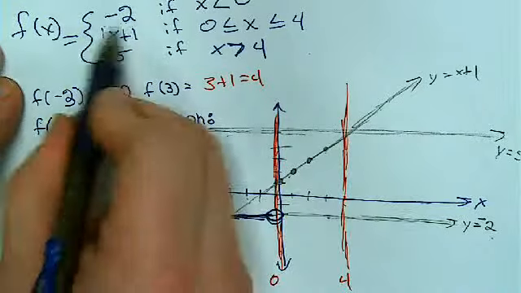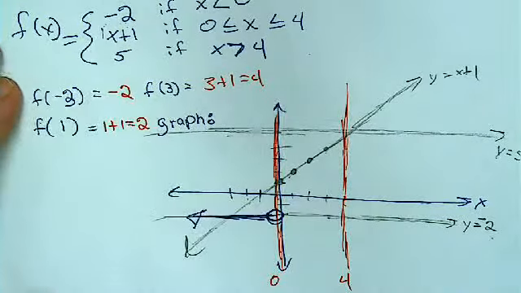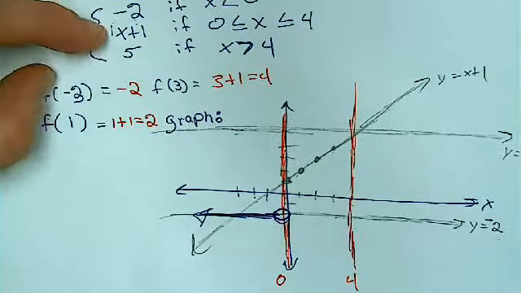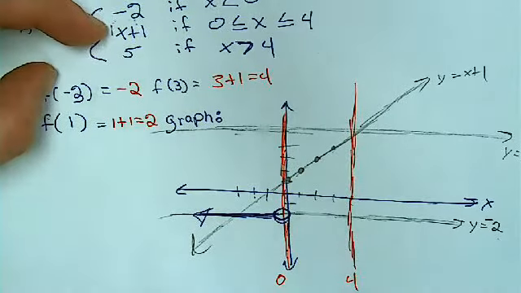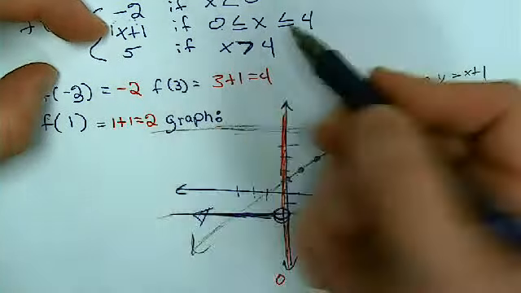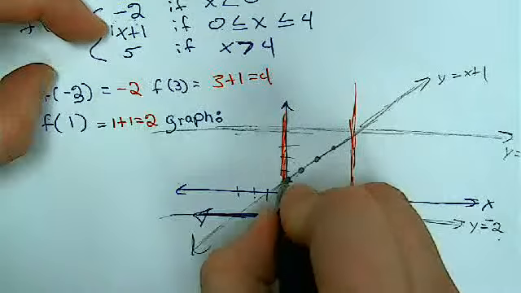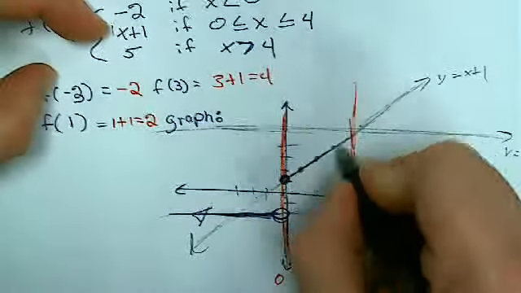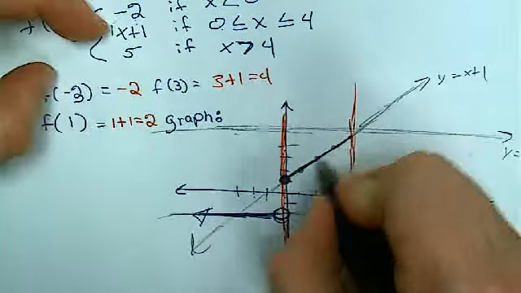That's the line I use for that range. When I get to 0, is that still on the first rule, or do I go to the second rule now? Second rule, because it's 0 less than or equal to x. So I pick up here at 0, and I continue until I get to 4, which is my next border.